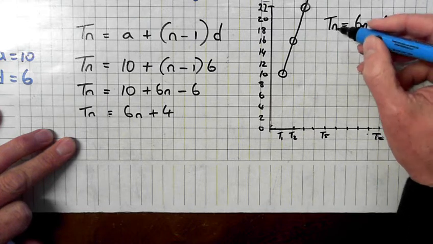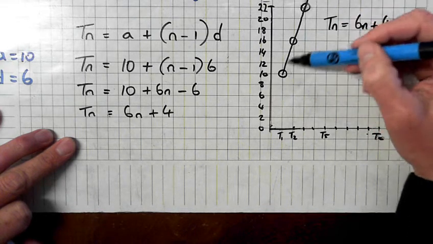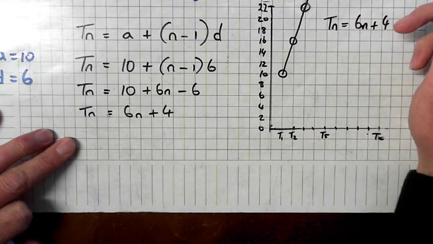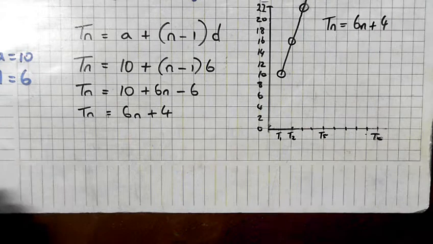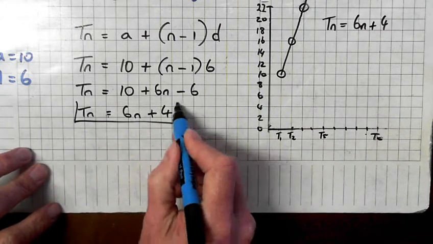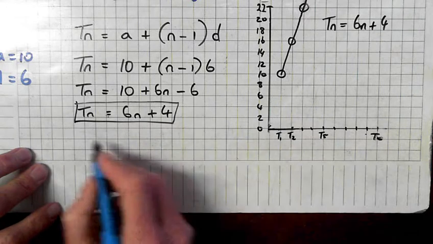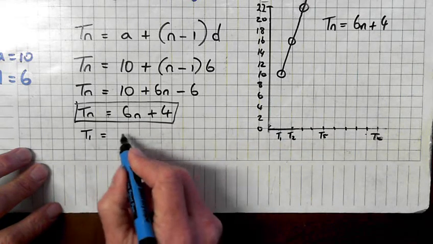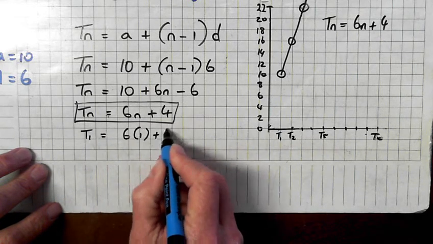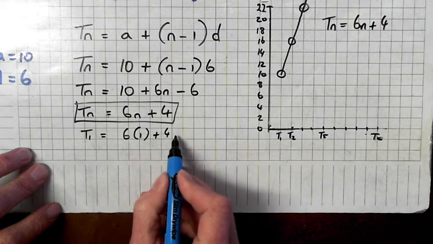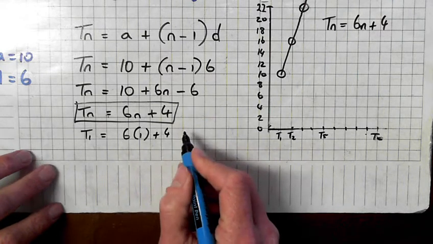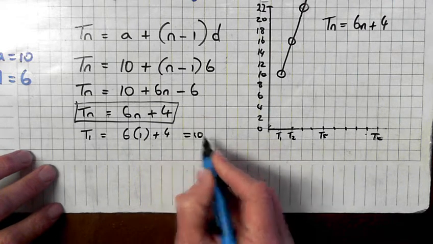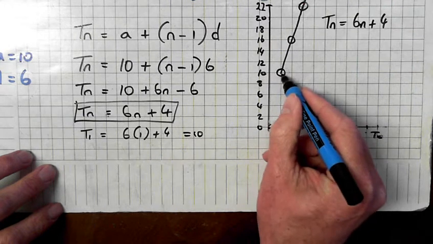This is the formula to find every point on this graph. I can use this formula. We'll check it out by putting in T1: 6 times 1 plus 4. What does that give you? Does it give you 10? That's the first point, 10.